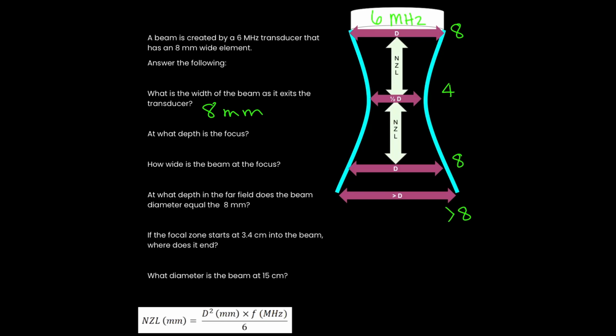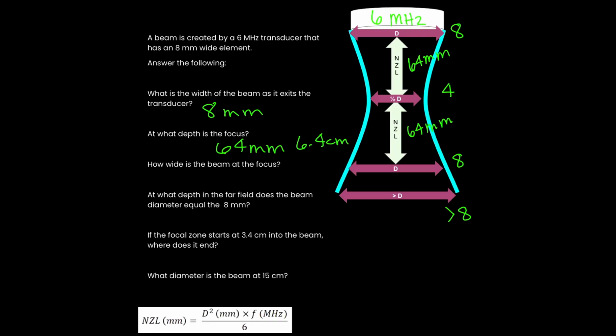So we are going to take our diameter again, 8 squared, multiplied by 6, our frequency, and divide all of that by 6. 8 squared is 64, multiplied by 6, and then divided by 6 is actually going to equal 64 millimeters, or 6.4 centimeters. So this distance is 64 millimeters. And if that's the near zone length, another near zone length distance would then be another 64 millimeters. So we can label our diagram with that value.